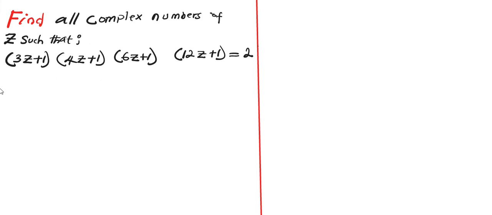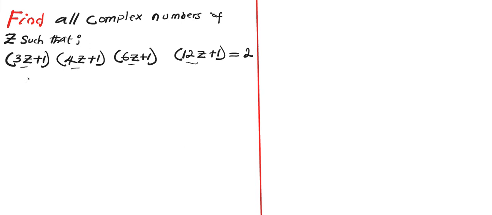Okay, so now let's go ahead and solve this problem. The first step is for us to make the coefficients of z in these terms equal. So what we are going to do is multiply each of these terms by a number.